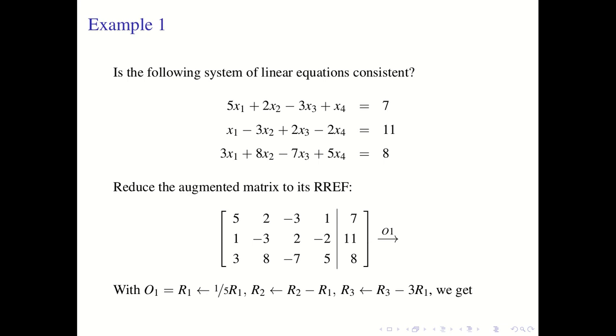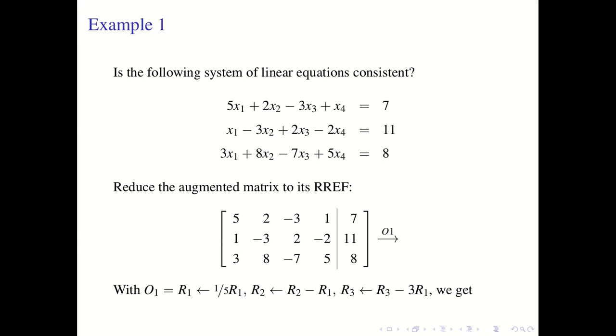So our task is to reduce this augmented matrix to row reduced echelon form. Write down the matrix with rows 5 2 minus 3 1, 1 minus 3 2 minus 2, 3 8 minus 7 5, and augment the vector b, 7 11 minus 15 as the last column, the fifth column. And then apply the elementary row operations.